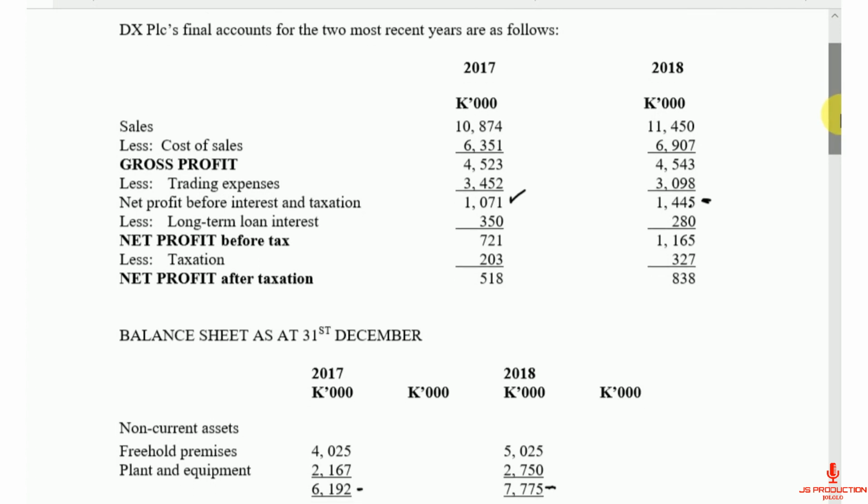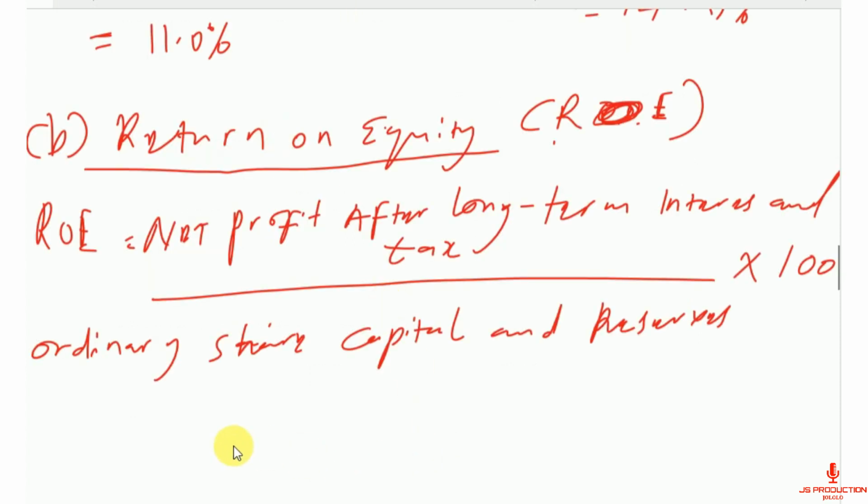For 2017 we have 518, and for 2018 we have 838. So we're going to start with 2017, 518. So for the 2017 return on equity, the net profit after interest and tax, we have said that's 518.